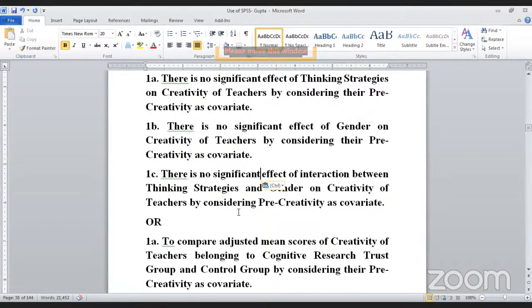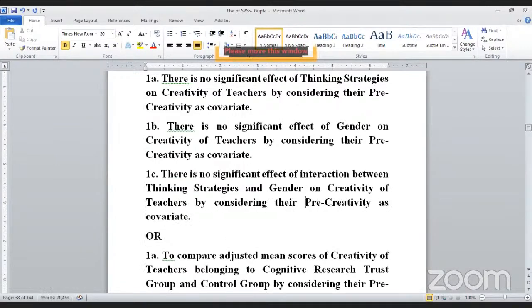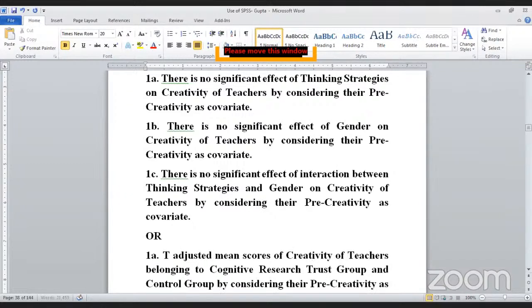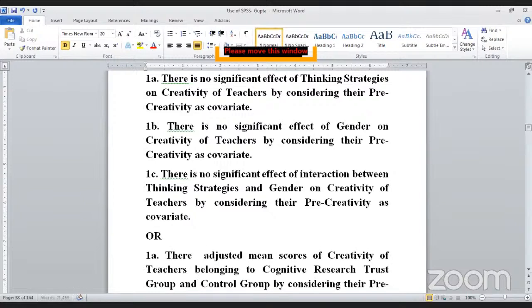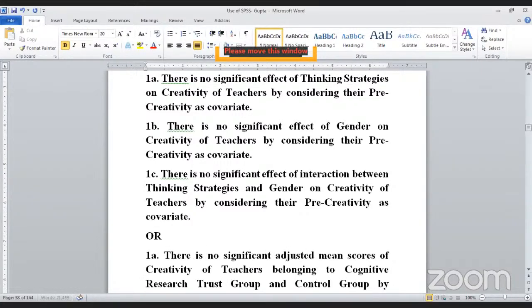So there is no significant effect of interaction between thinking strategies and gender on creativity of teachers by considering their pre-creativity as covariates. In case of the adjusted mean, there is no significant difference.